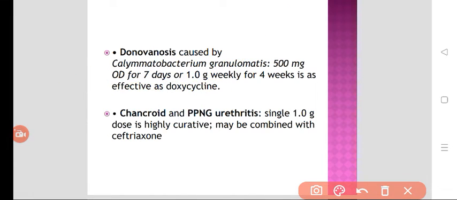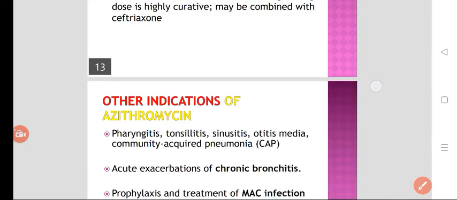You can also give it in chancroid because of Haemophilus ducreyi, and penicillinase producing Neisseria gonorrhoeae urethritis. In that case, a single 1 gram dose is highly curative and may be combined with ceftriaxone if required. So these are the therapeutic uses in which we can use azithromycin as a drug of choice.